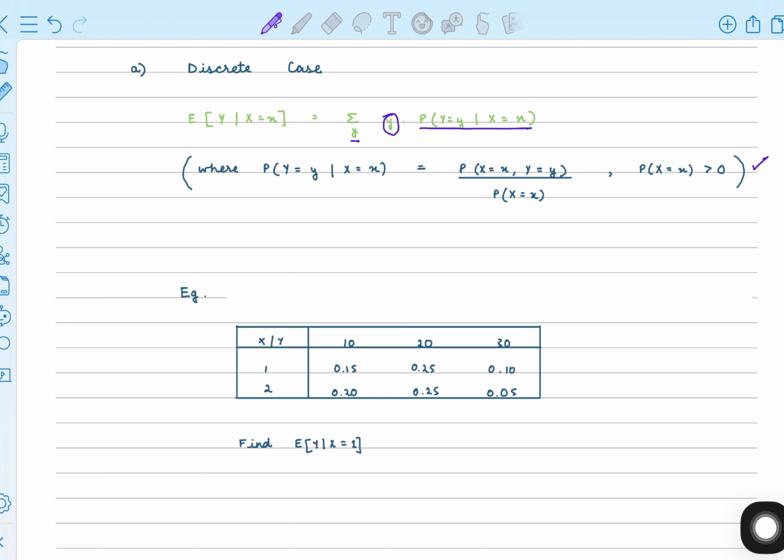Let's understand this using an example. We're given a table and asked to find the expectation of y given the value of x is equal to 1.